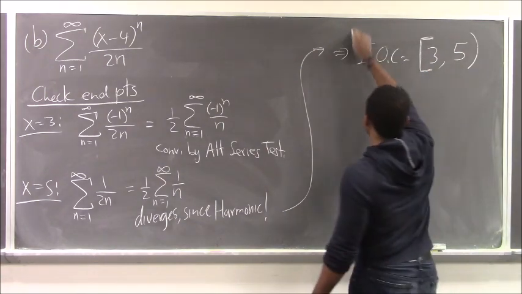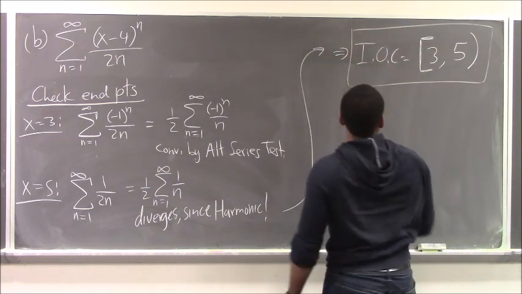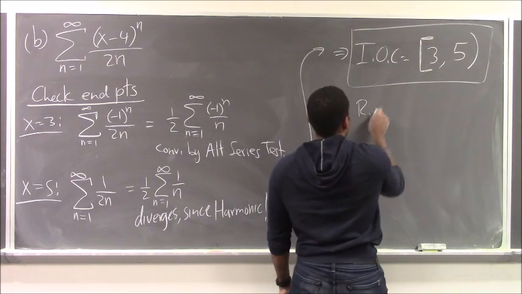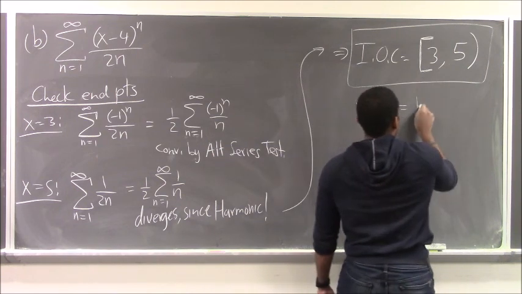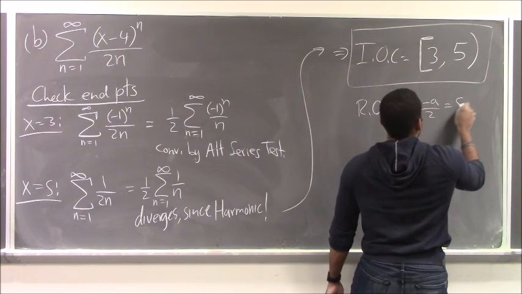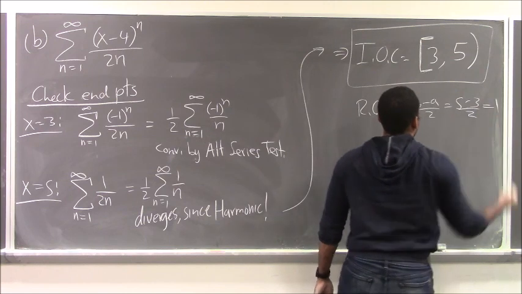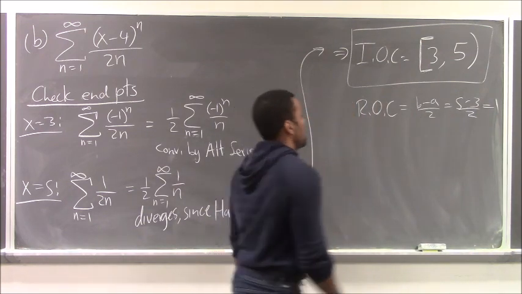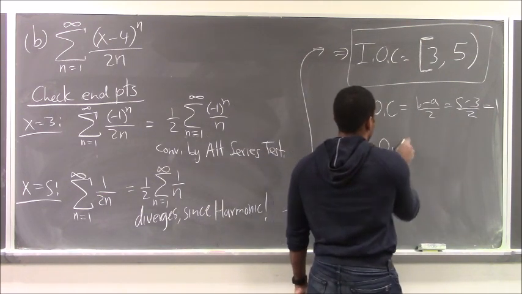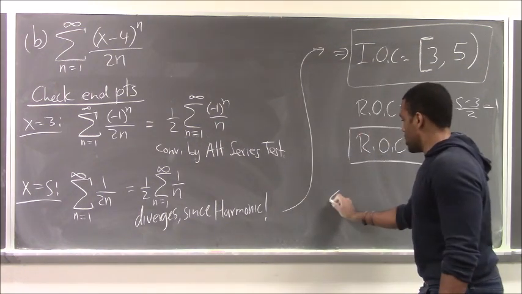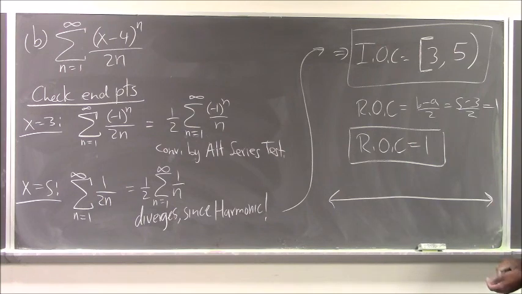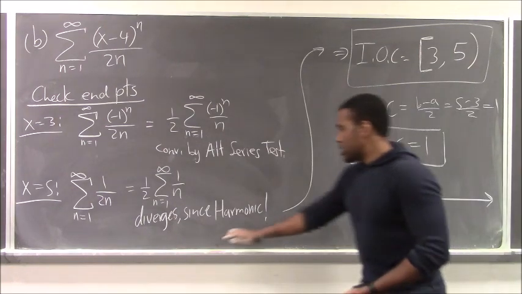So that's your interval of convergence. Now, of course, your radius of convergence, you can think of just half the length of that interval, (b minus a) over 2, (5 minus 3) over 2, it's 1. Right? So your ROC is 1.